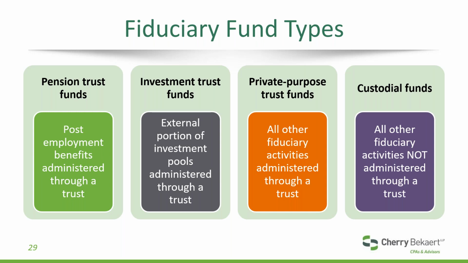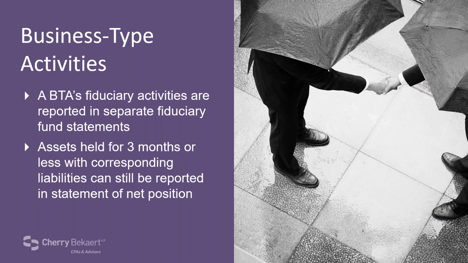Also, as a result of this standard, there will no longer be agency funds. Most activities currently considered agency funds will be included in the custodial funds category. However, you will still need to go through the identification process to make sure that they qualify as a fiduciary activity. Now, the standard does not only apply to governmental activities.